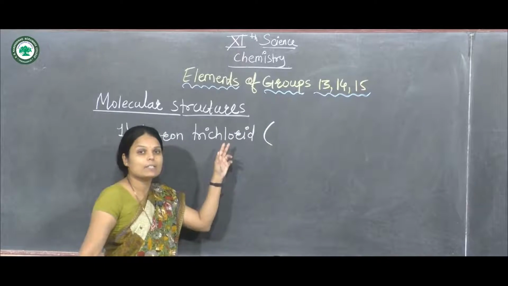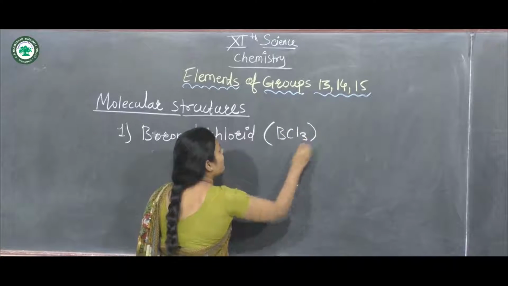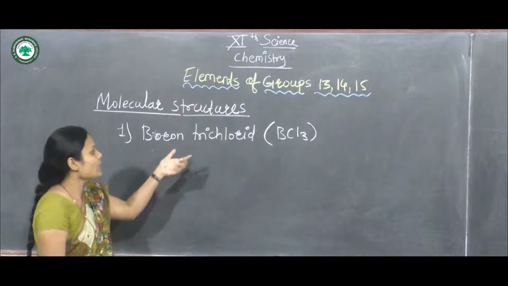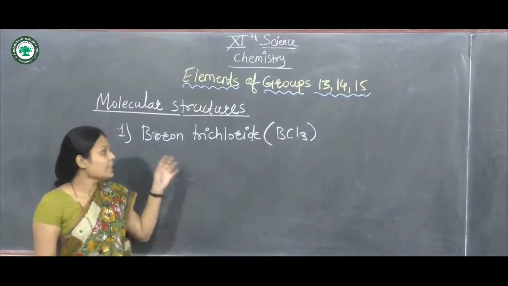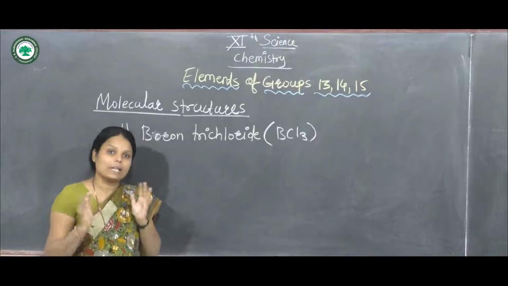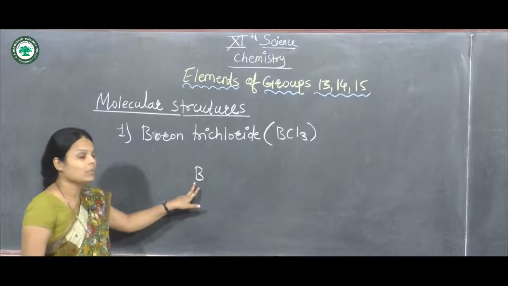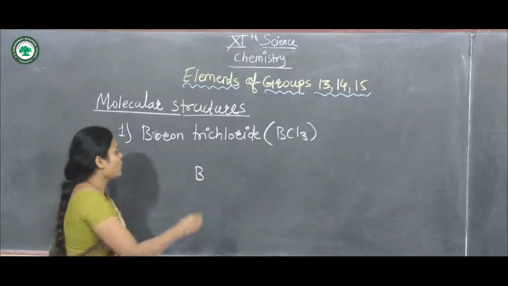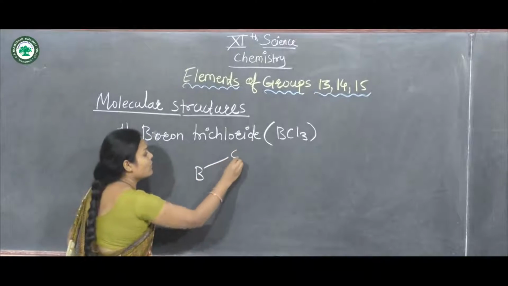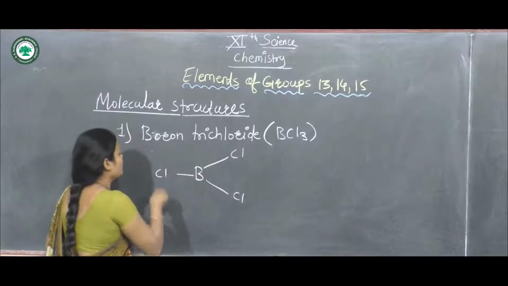Its formula is BCl3, boron and Cl3. In boron trichloride, sp2 hybridization takes place. The boron is the central atom, and three chlorine atoms are attached to the boron. Here is the first chlorine atom, then the second, and the third.